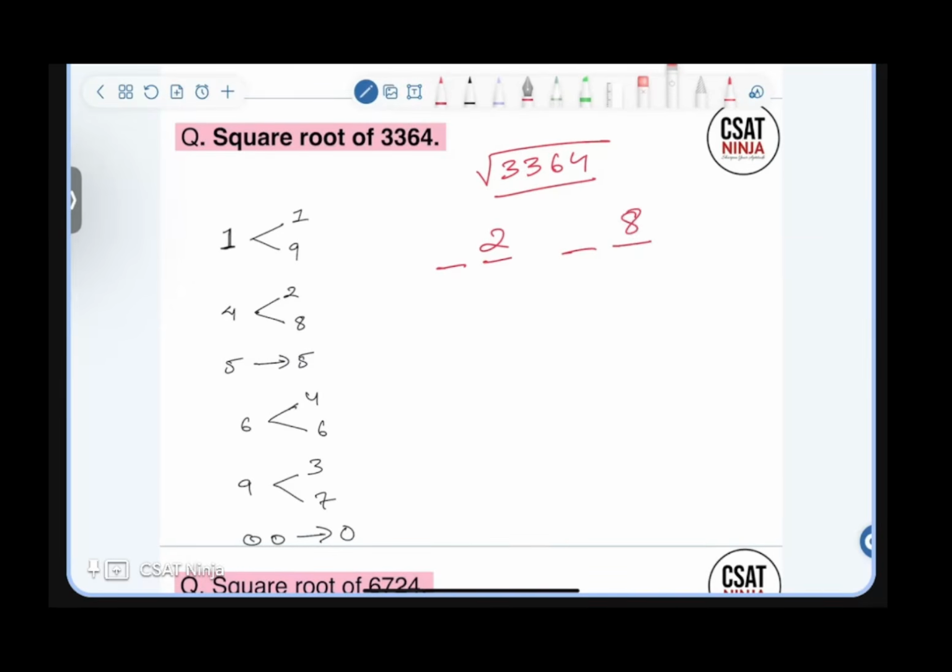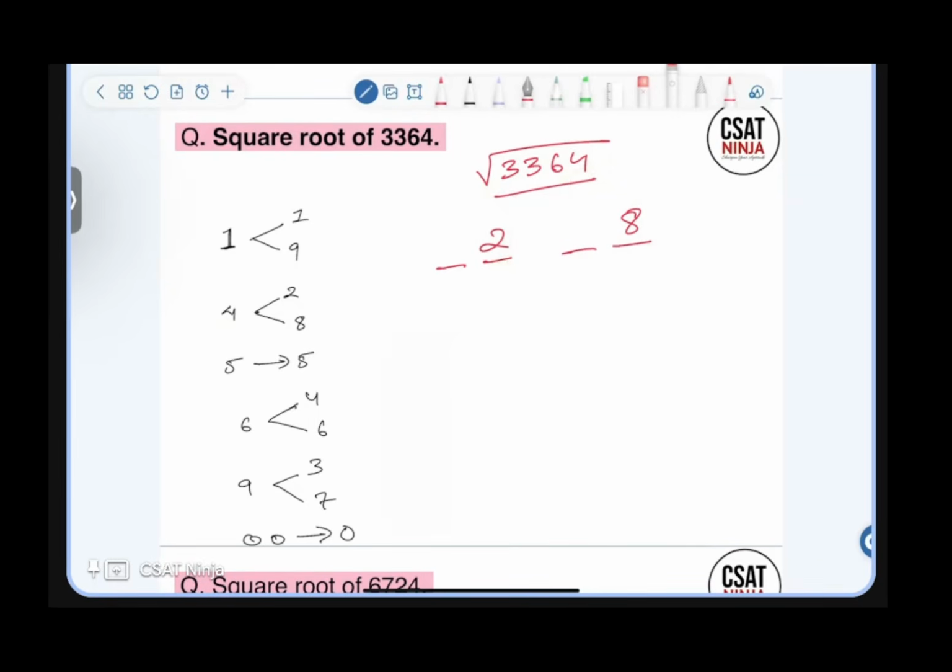Because if the unit digit is 4, then the square root of that number will either have 2 or 8. That's number one thing. So just by looking at the unit digit, I'm getting two numbers here.